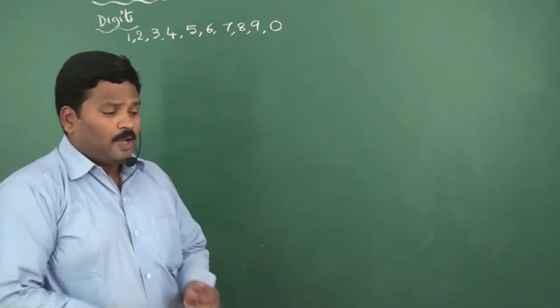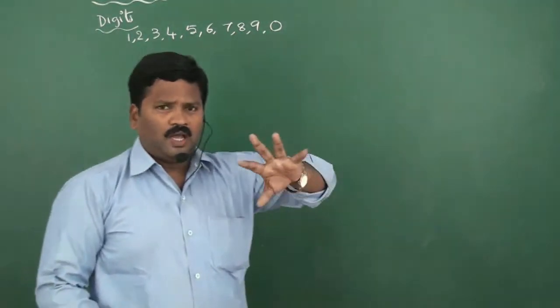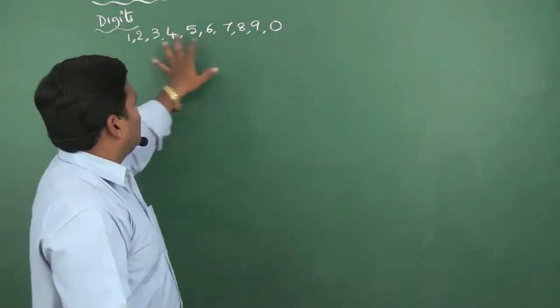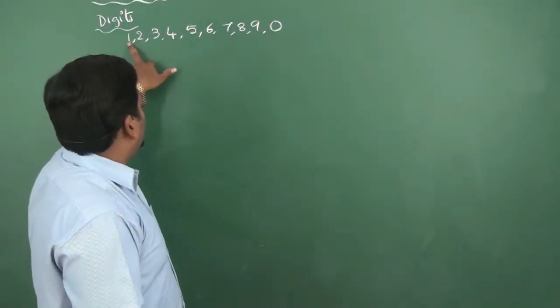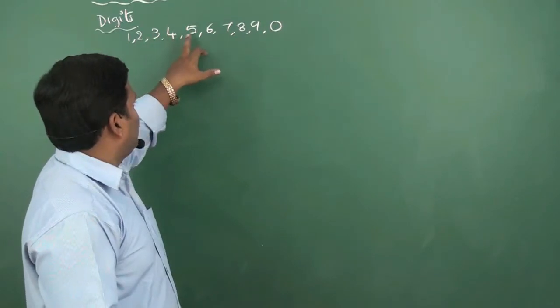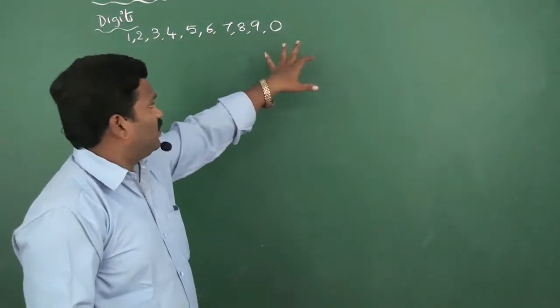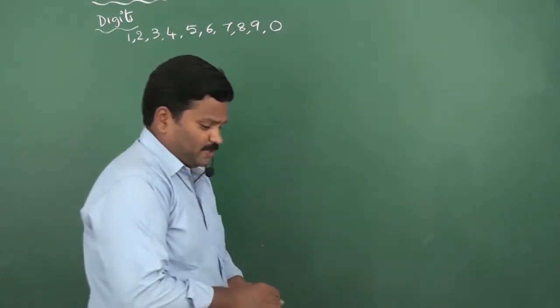These are called digits. By using these digits, we can form as many numbers as you want. Therefore, these are called digits: 1, 2, 3, 4, 5, 6, 7, 8, 9, and 0. Even this 0 is altogether called a digit.